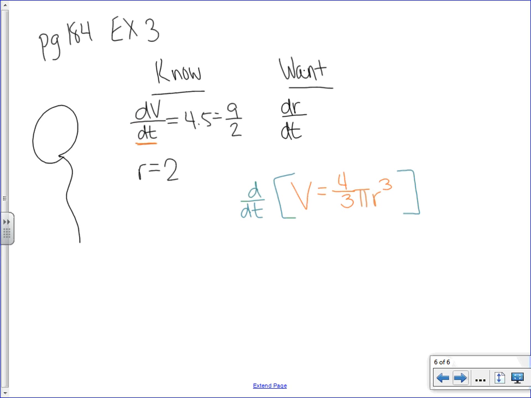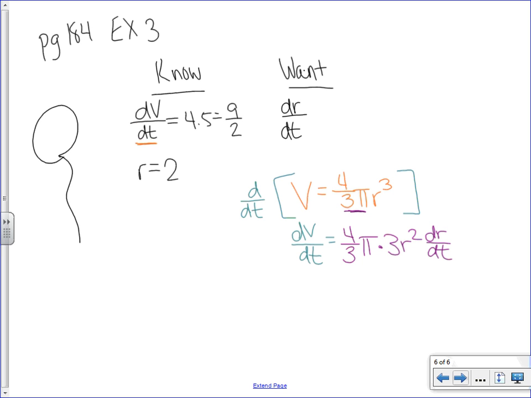When I take the derivative of the left, that's just dV dt. When I take the derivative of the right, don't freak out about all this stuff, because 4/3 pi is just a constant. So you're going to bring that down. And then we do the derivative of r cubed, which is 3r squared dr dt.